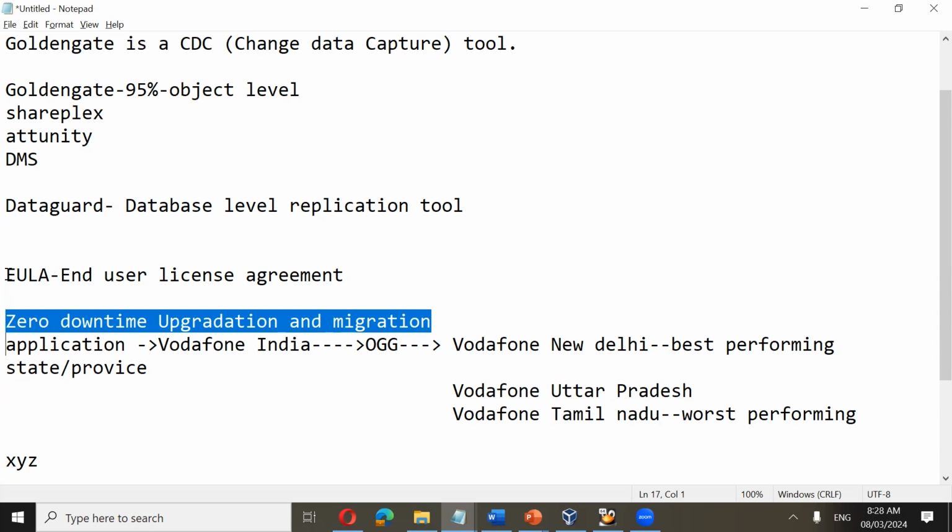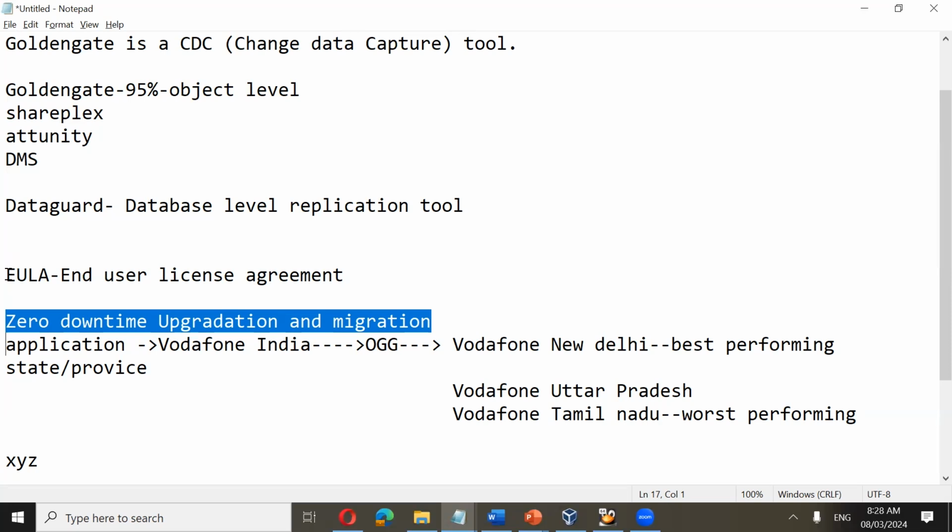I worked with one of the big telecom companies of the UK. At that time, the database they had to migrate was on 11G. I'm talking about 2014-15. Their database size was 40 GB.